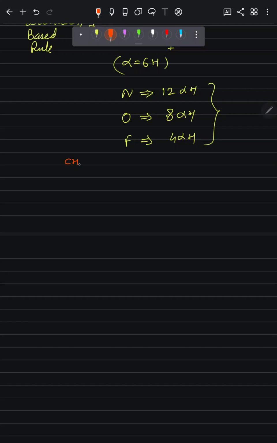So let's take an example of this. If the CH3 is present here, and a methyl group is here, and a methyl group is here, and a methyl group is here, and if this type of group is present with a positive charge, and a CH2 with positive charge, and a fluorine is attached here.